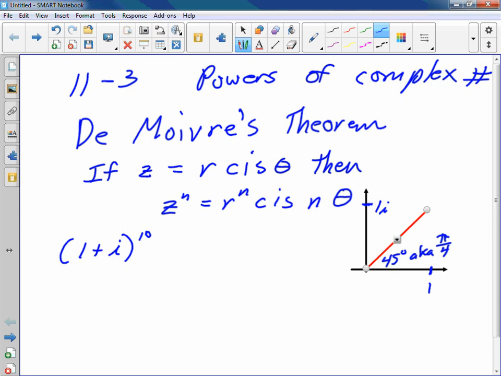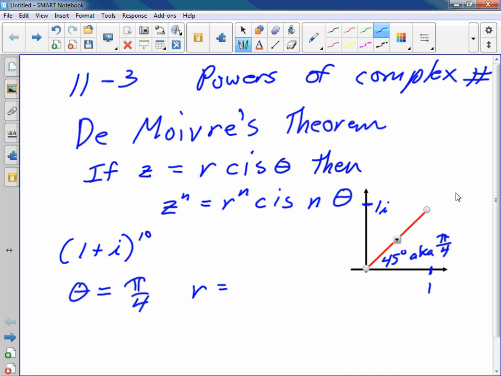So, what about r? Okay, so theta equals pi over 4. What about r? If this is 1 here and this is 1 here, how, pray tell, is that 1?